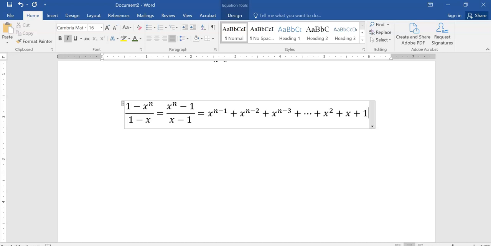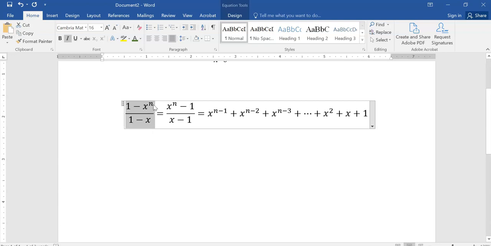All right? So what you see here is that the sum of the first, starting at power 0, again, 1 is x to the 0 power. This is x to the first, x squared, and so on and so forth, up till you get to x to the n minus 1. The sum of that can be simply written as 1 minus x to the n over 1 minus x.